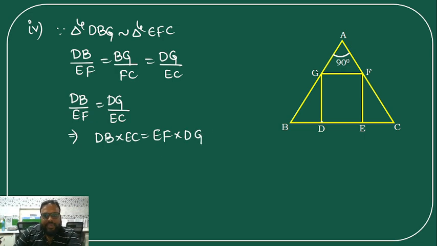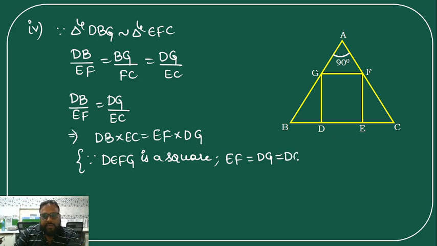Since DEFG is a square, as we already wrote in the first case, all the sides are equal. That means I can write EF is equal to DG is equal to DE. Of course, one more also will come, that is GF.